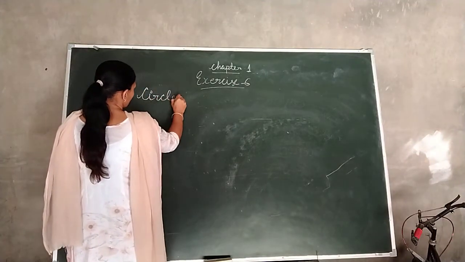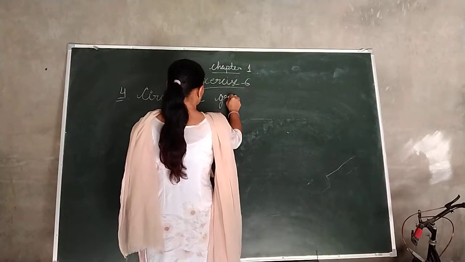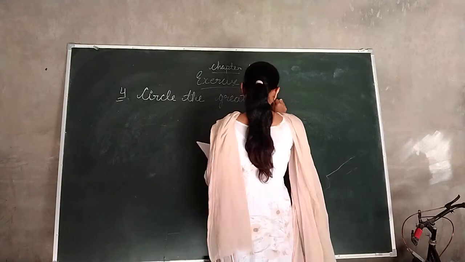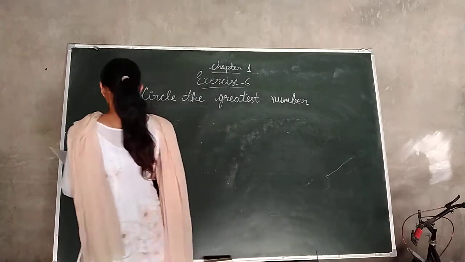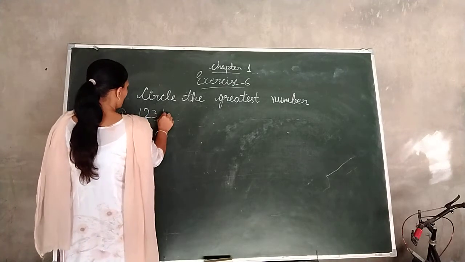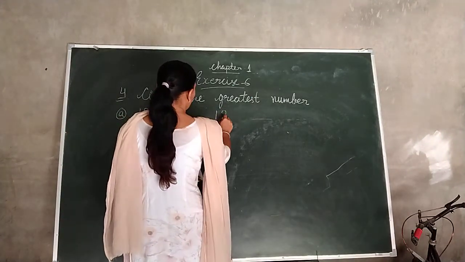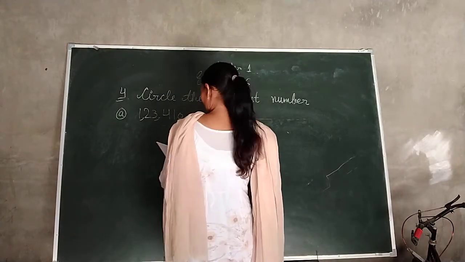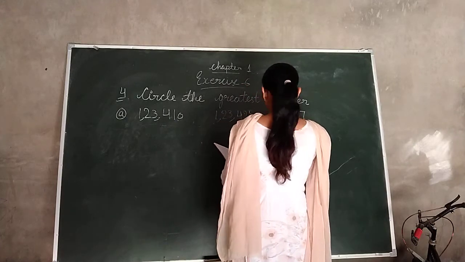Circle 10. Next 1,23,425. Next 1,23,517.